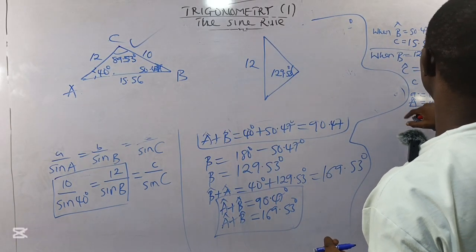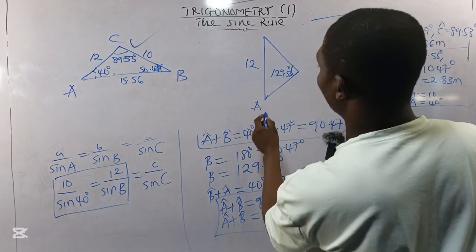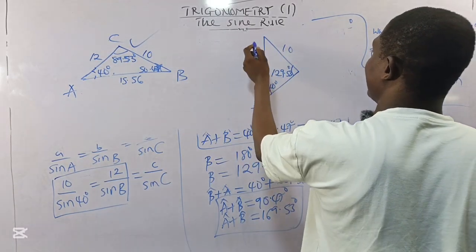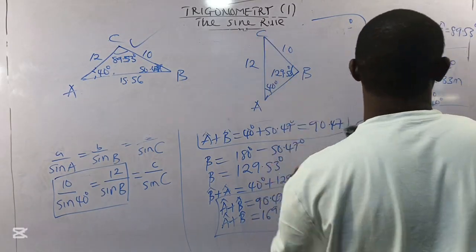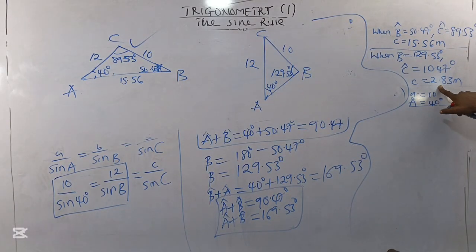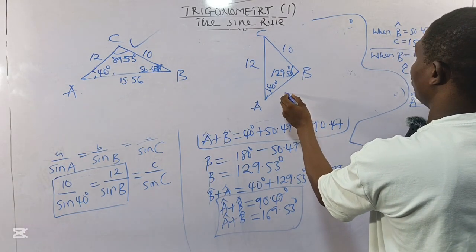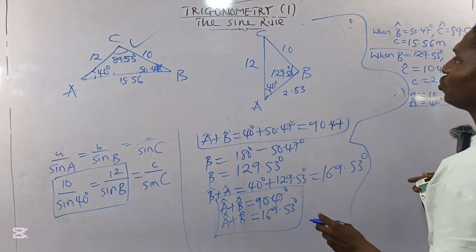Now, here's my A. Let me have here as my A. My A is what? 40. A is constant. And side A is what? 10. This is my B, and this becomes my C. My C for this side, my small letter c, happens to be what? 2.83. So this is not well drawn.